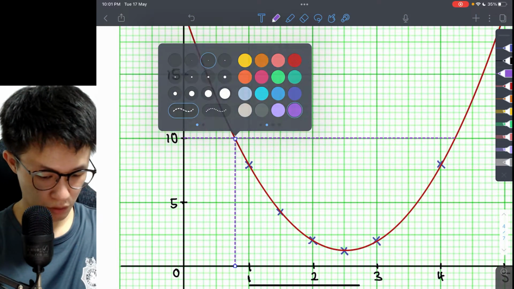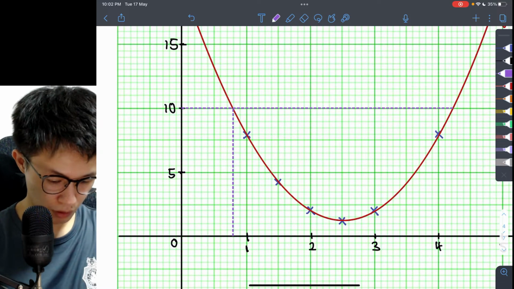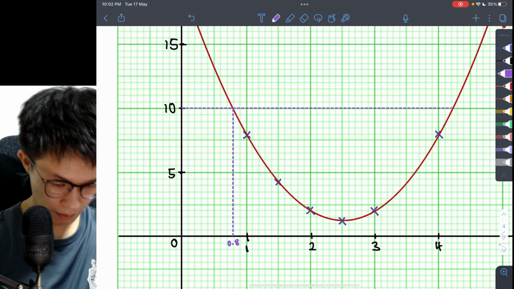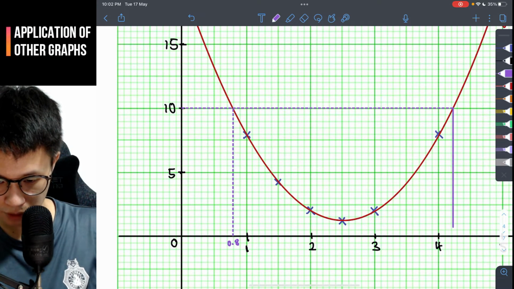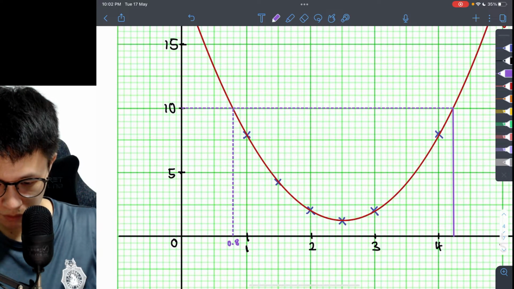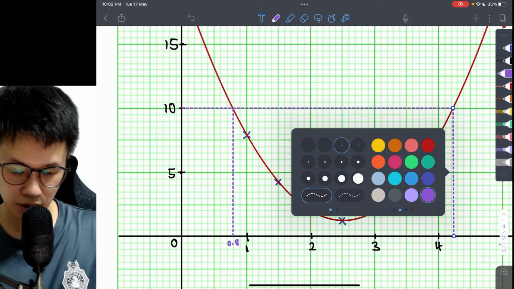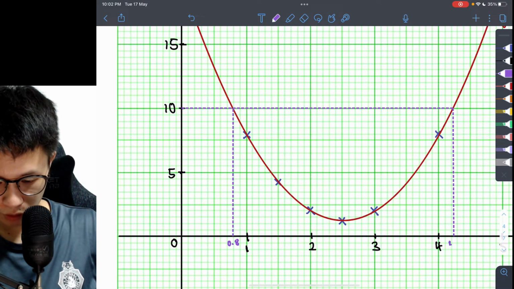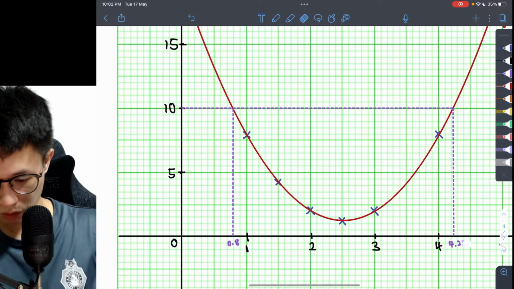I think there is also a margin for error, so just be careful. There should be 0.8 here, and this one would be slightly different. Same thing, you just have to estimate it. This is about 4.25 or 4.22.